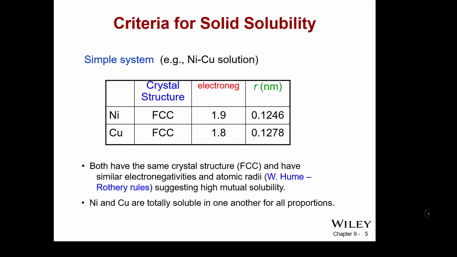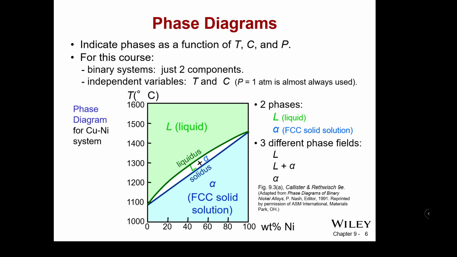Nickel and copper are soluble in one another for all of these proportions. They are similar in electronegativity. They are very similar in radius. They are similar in crystal structure, so they are going to be very easy to dissolve one in another. You're not going to take a ton of energy to force copper into nickel or nickel into copper. They're going to coexist rather politely together in alloys of all different concentrations because of that.